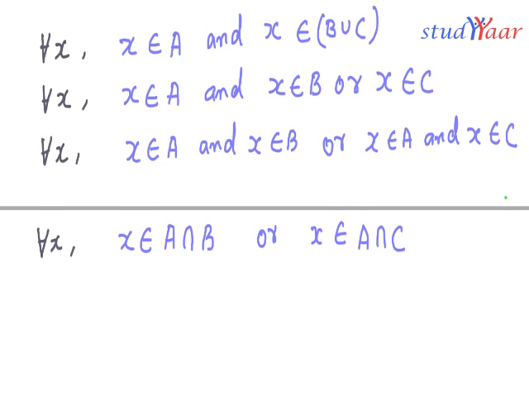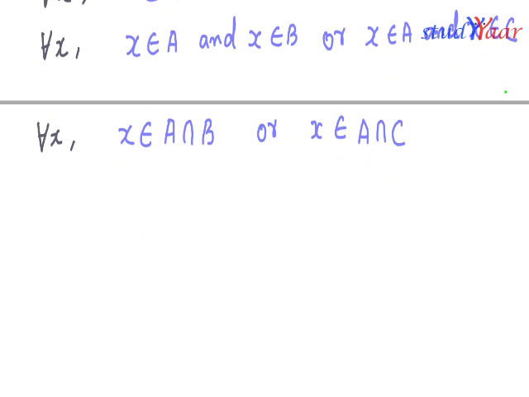Now I'm going to take off this OR. I'm simply going to say this is equivalent to for all X, X is an element of A intersection B. What is OR? OR is union.